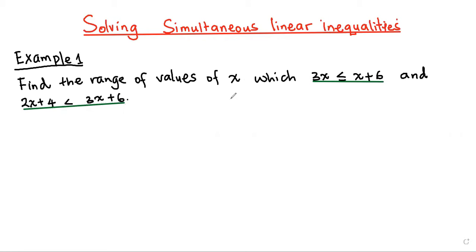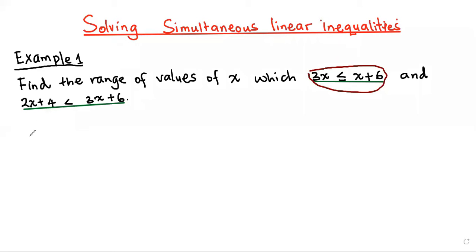And to do that, we are going to first of all solve each inequality at a go. So it means that our step one will be that, let us begin with this inequality.